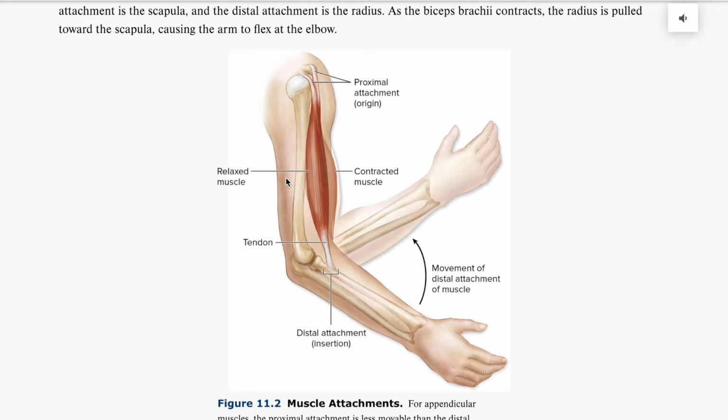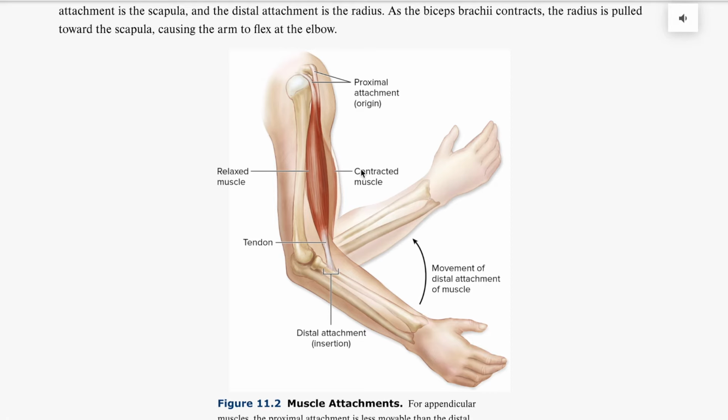So for instance, in this movement, flexion at the elbow joint, if we know the agonist is the, say the answer to yourself, hopefully you said biceps brachii, and the antagonist is the triceps brachii, then we could flip that.